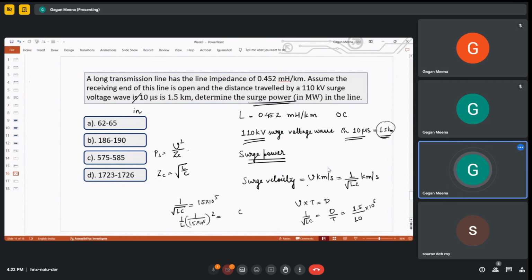It comes out to be, how much is the answer? You can calculate this.